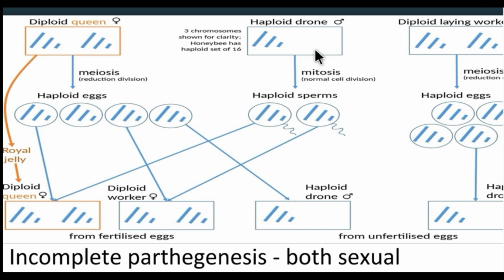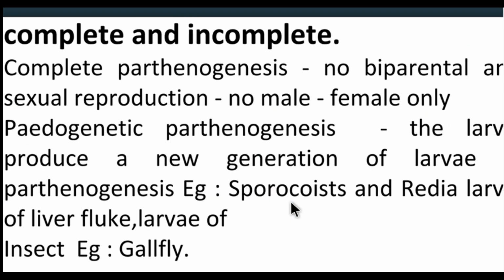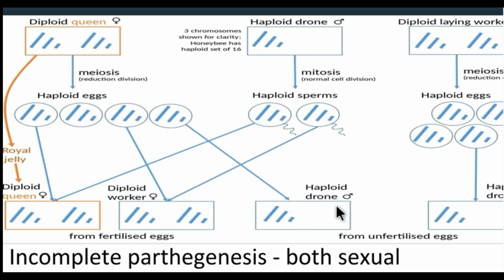Right, come to this side. The haploid drone means the male insect. The male insect is not diploid, only haploid. Through mitosis, another haploid egg automatically becomes a haploid drone. This is also a male honeybee. Now the diploid laying worker, please listen.